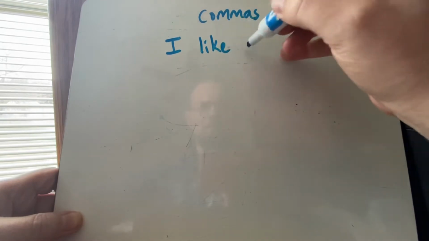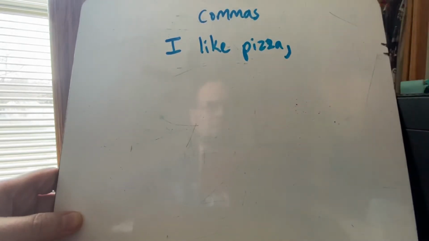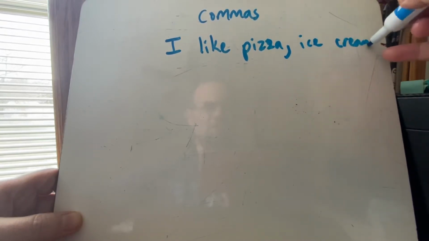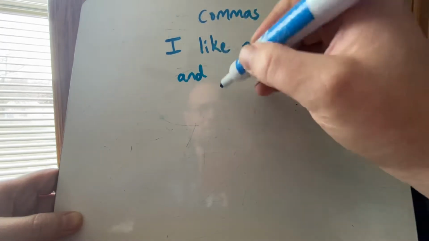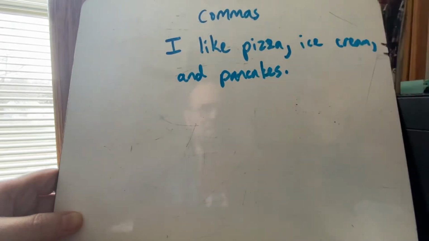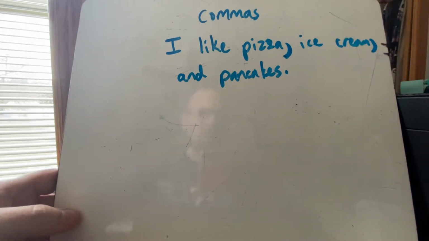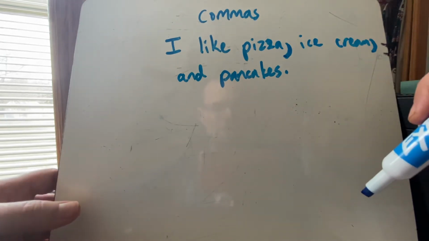I like pizza, comma, ice cream, comma, and pancakes. Okay. That is the most common way that we're going to see it. So when we have a series of things, we need to break up those objects with commas. Remember, commas kind of act as places where we're going to pause.